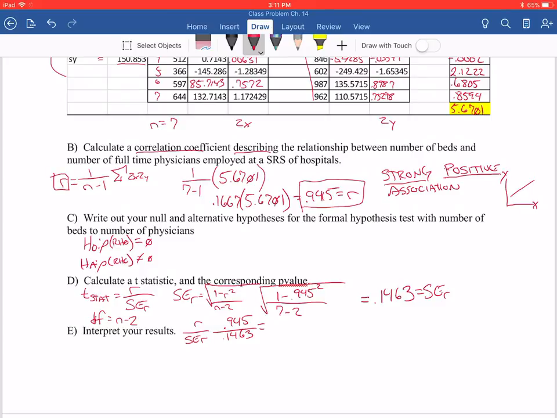Because this is our R divided by the standard error of R. And then we get a value of 6.459, and this is equal to the t-stat.